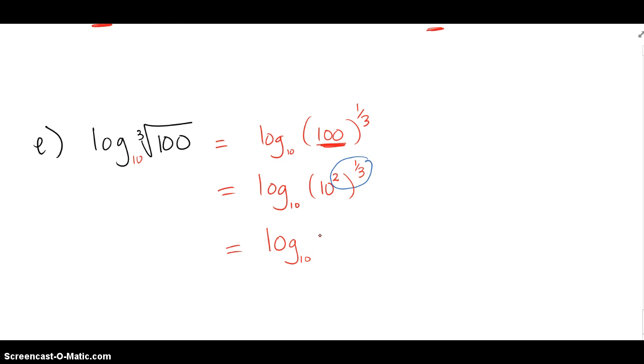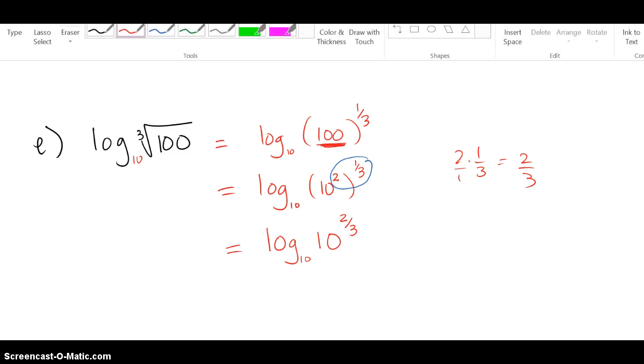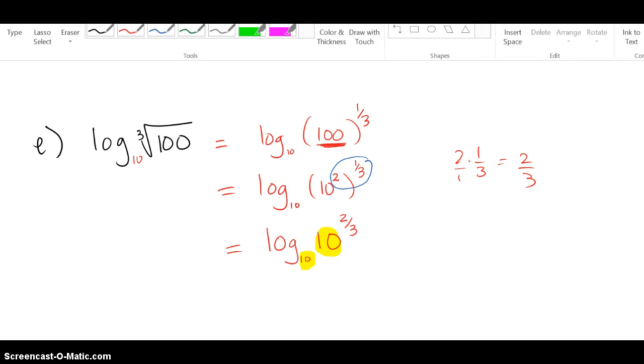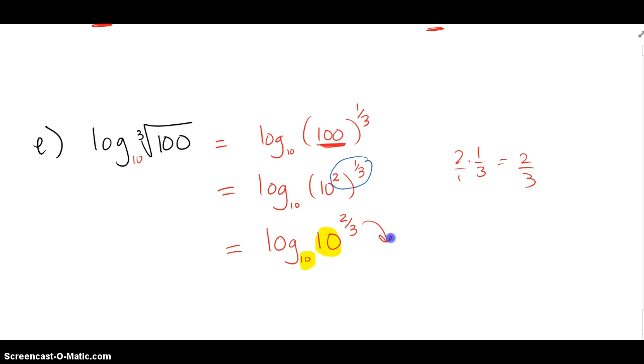So I have log base 10 of 10 to the 2 times 1/3, which is just 2/3. So this exponent is 2/3. And finally, I can use that the base and base are the same, and the inverse property says the answer that pops down is just 2/3. So without using a calculator, we know that log base 10 of cube root of 100 must be 2/3.